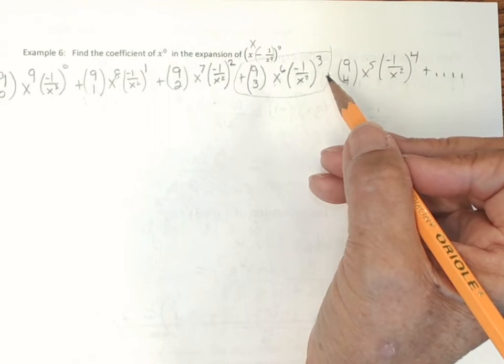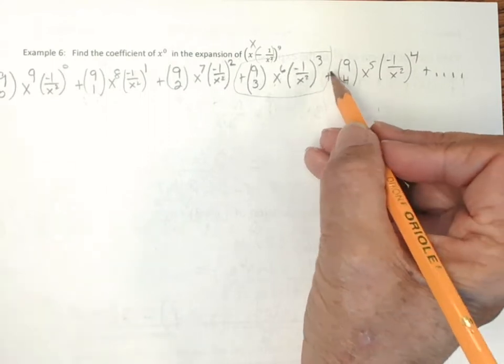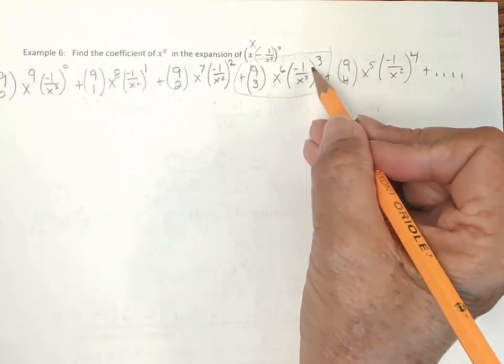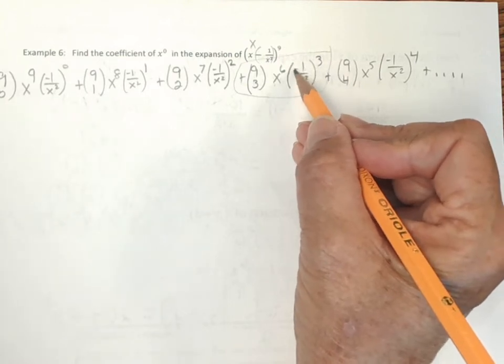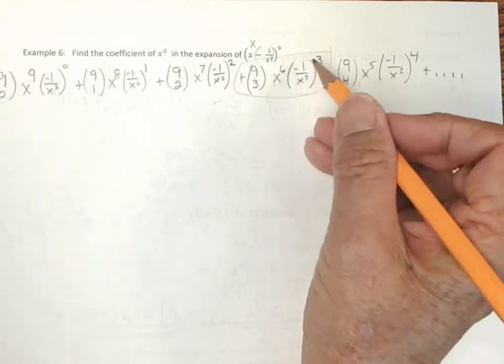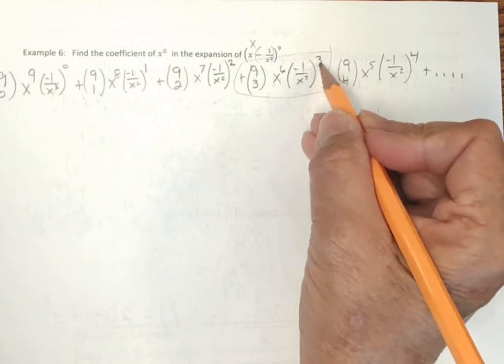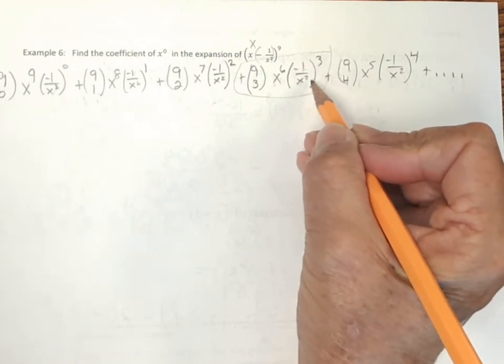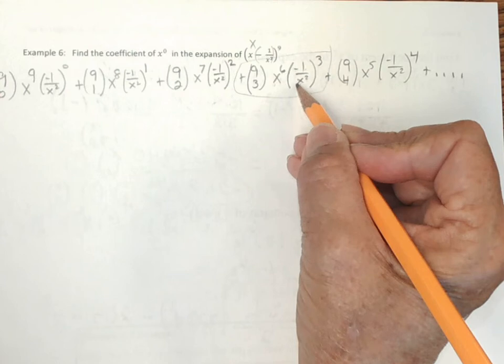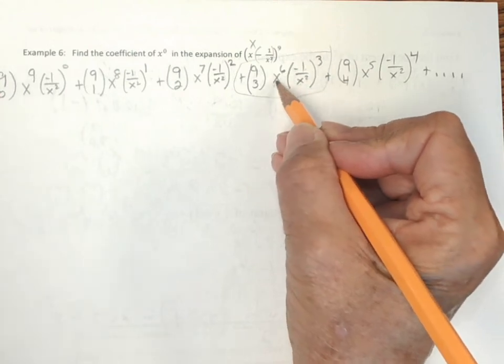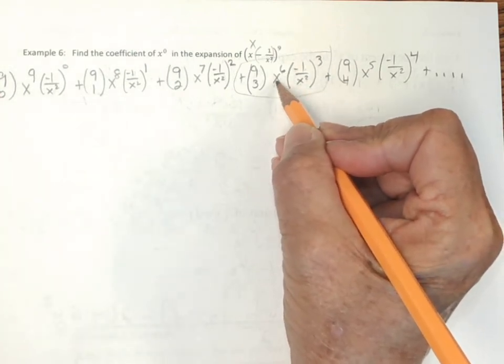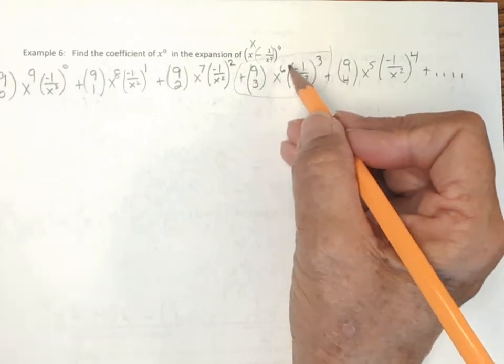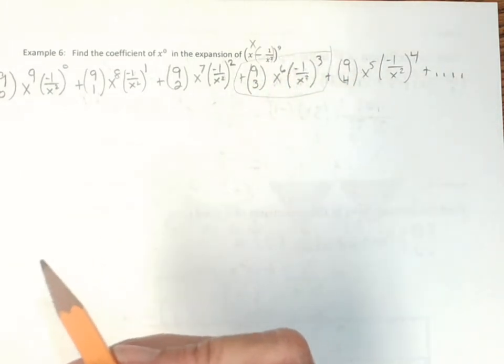Well, negative 1 cubed is going to be negative 1 because negative 1 cubed is an odd power. But x squared to the 3rd power, I multiply the exponent. So the denominator is going to be x to the 6th, multiplied by x to the 6th. That gives me x to the 0. So this is the term that we want right here.